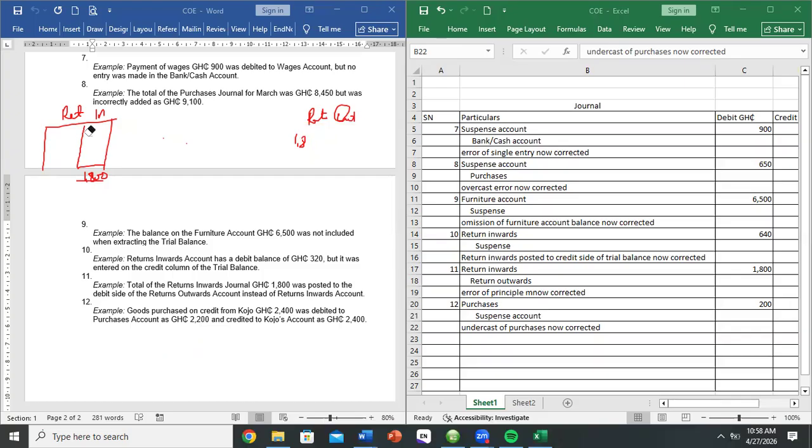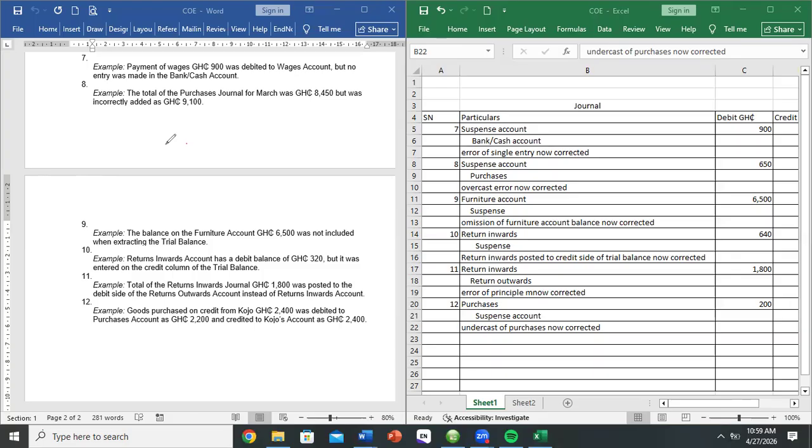In teaching correction of error, sometimes if you're not careful, you confuse your students, especially with this transposition error and error of original entry. So what is transposition error? Please listen carefully. Transposition error is any error that has to deal with the original figure not being used to do the double entry because of the transposition of the figures, as in the position of the figures has been changed.